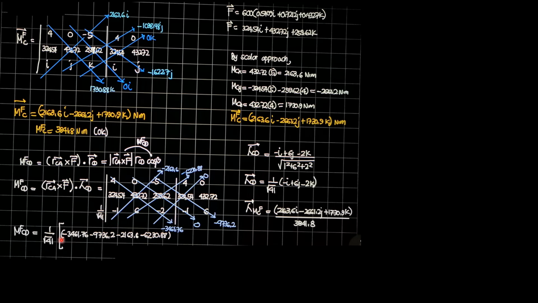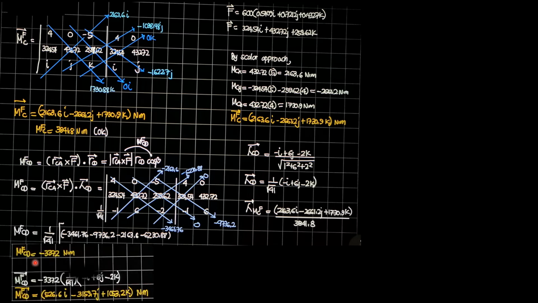So the moment of F about CD is 1 over square root of 41 times negative 3461.76, 0, negative 9736.2, negative 2163.6, and negative 6230.88. Then computing, the moment of F about CD is negative 3372 Newton meter.